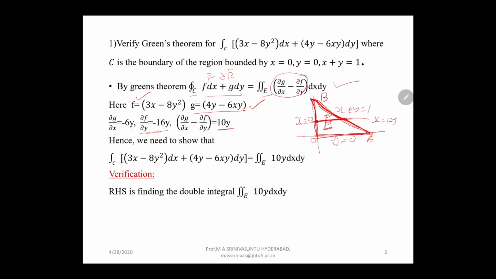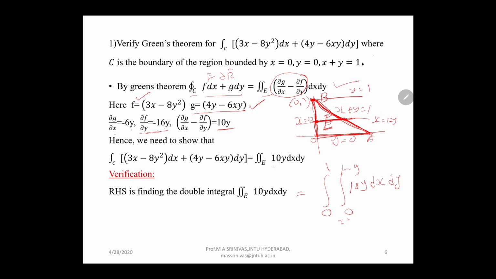Therefore, x varies from 0 to 1 minus y, and y varies from y is equal to 0 to y is equal to 1, because this point is (0, 1). This is the line y is equal to 1. So y varies from 0 to 1, and because these limits for x are functions of y, I need to do the integration with respect to x first, next y.